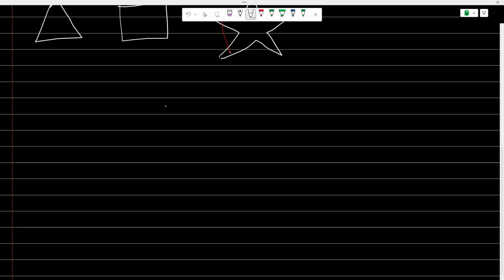Now, convex bodies have something that we call extreme points. Extreme points are really nice for characterizing these things for reasons we'll obviously talk about later.